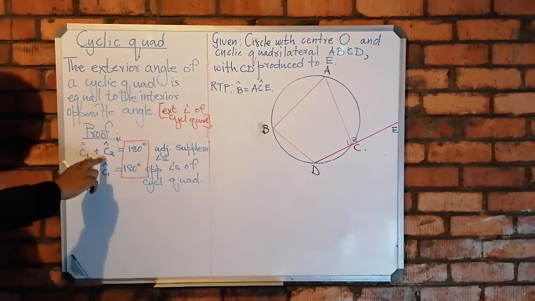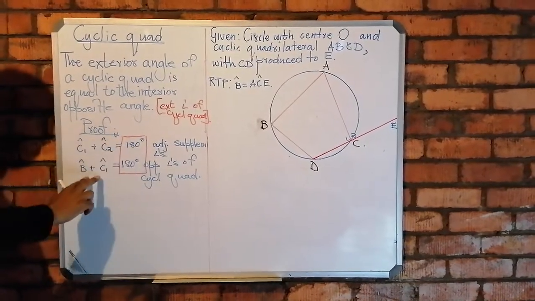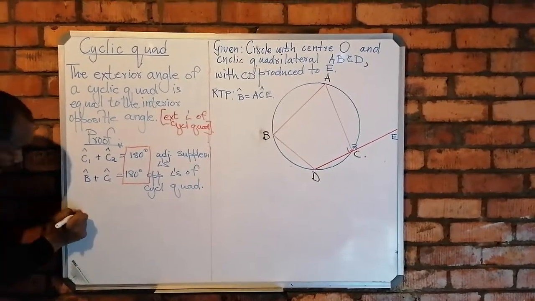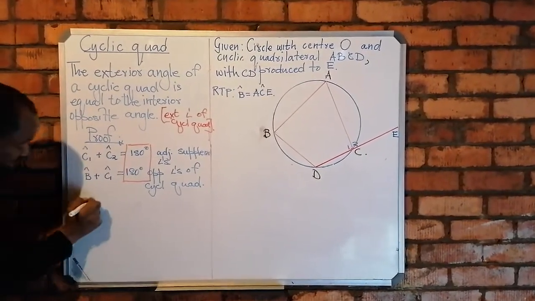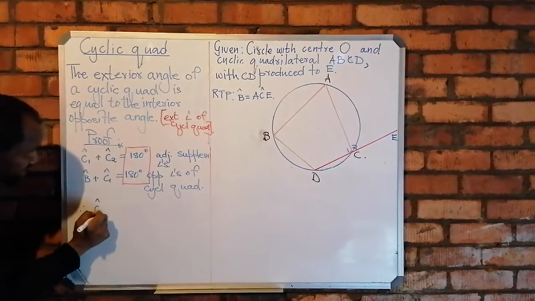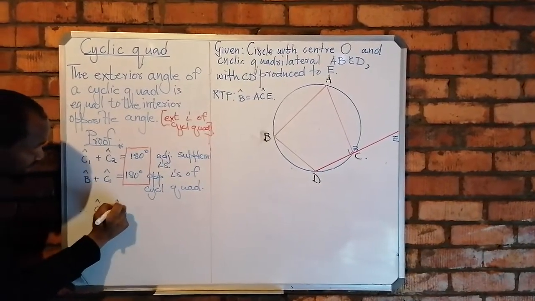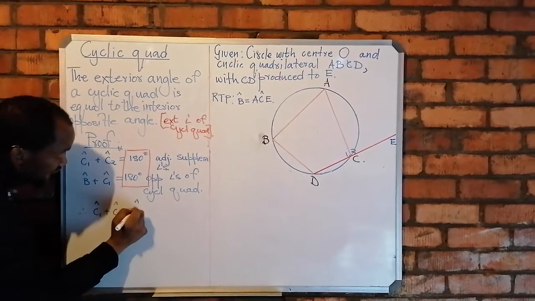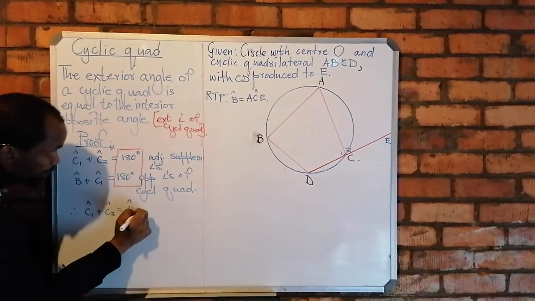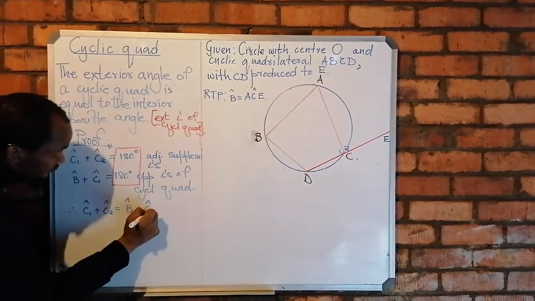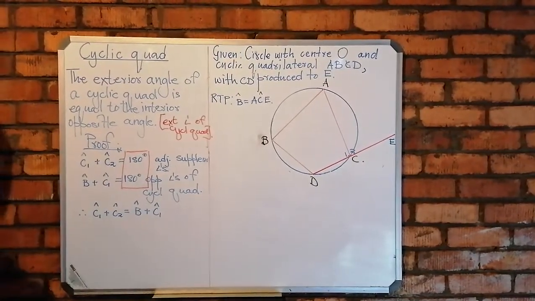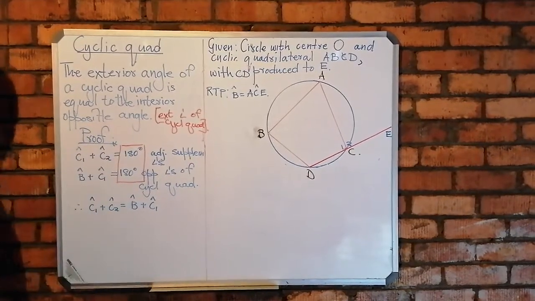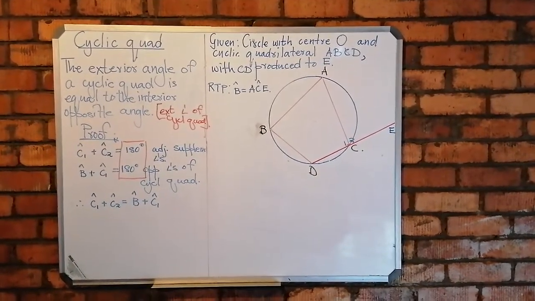It means that if this is 180 and this is 180, therefore I can correctly say that angle C1 plus angle C2 is exactly the same as angle B plus angle C1. What is my reason for this? Both of them are equal to 180 degrees.